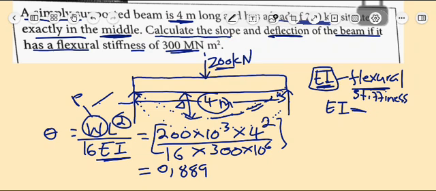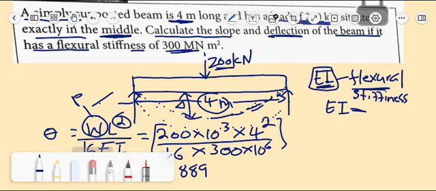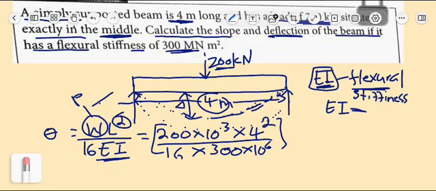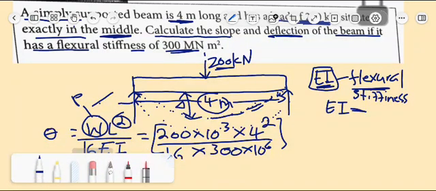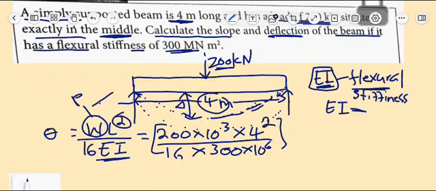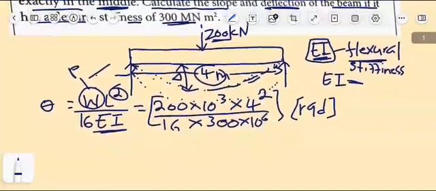This is an angle, and it must be given in radians. Remember, like when we're dealing with shafts, it's in radians.